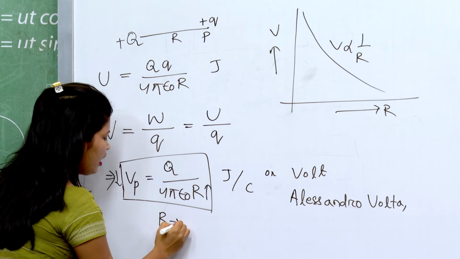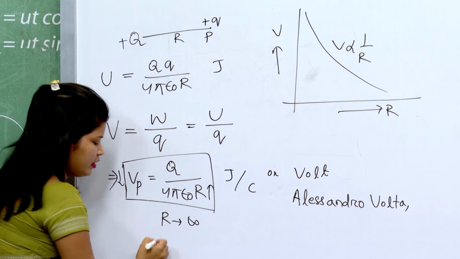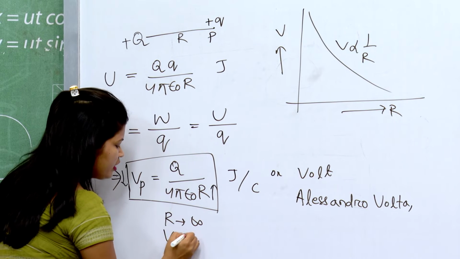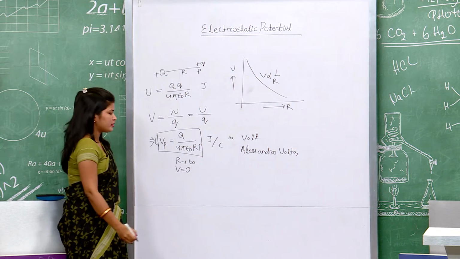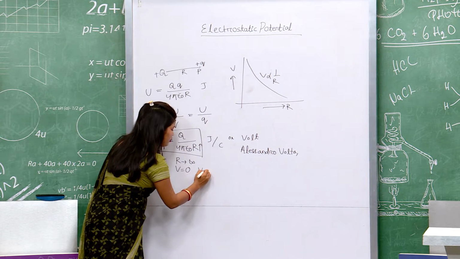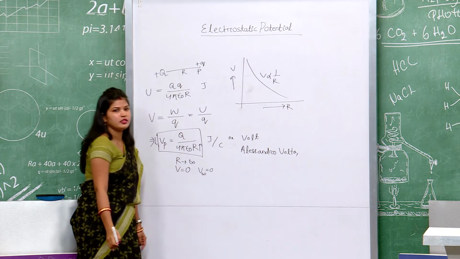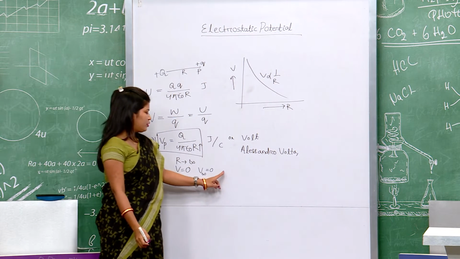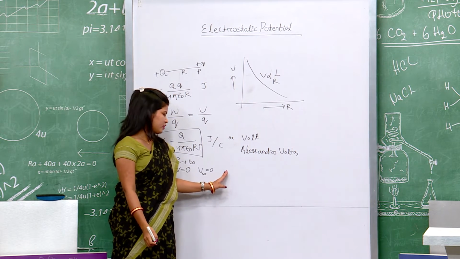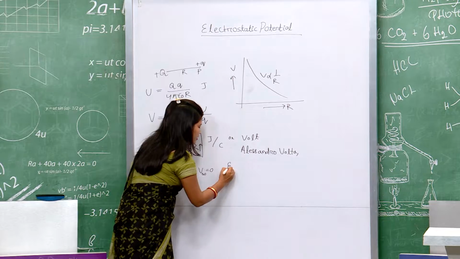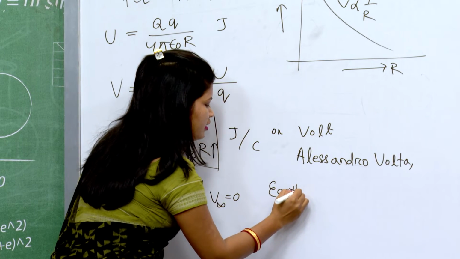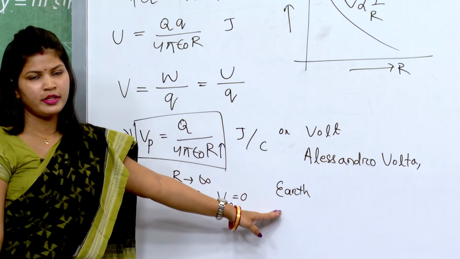When r tends to infinity, potential V is 0. That means, at infinity potential is 0. We generally take the potential of earth as 0 for our convenience.